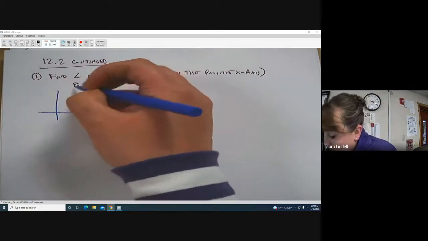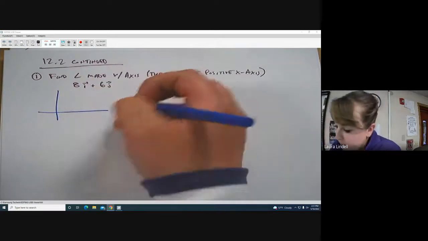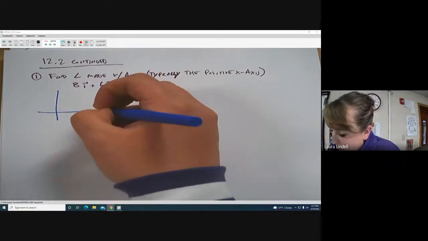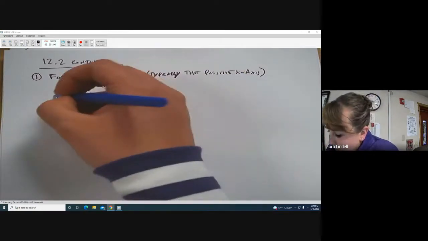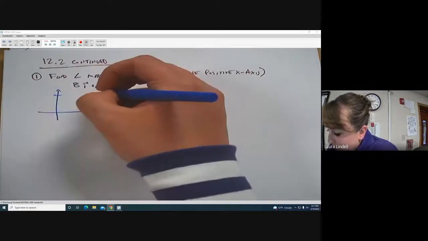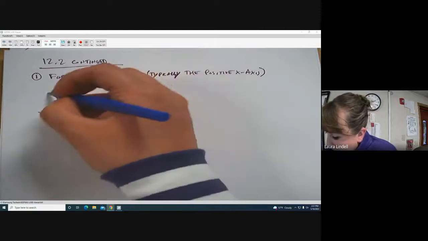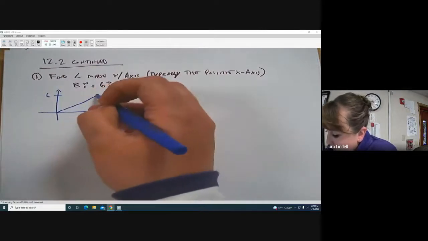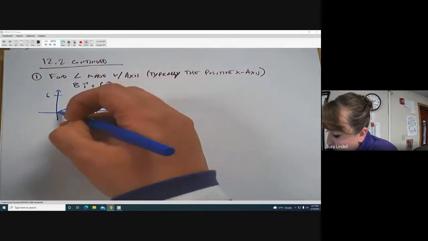I represents the x component, so it's going to be over 8. J represents the y component, the vertical component, so that's going to be 6. This is the vector we're dealing with.